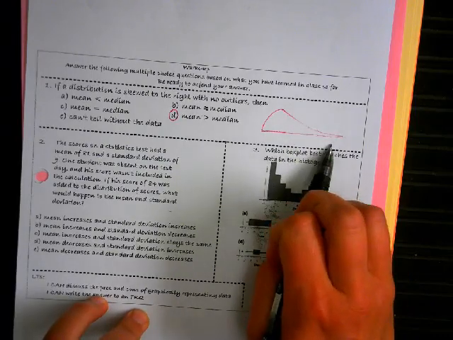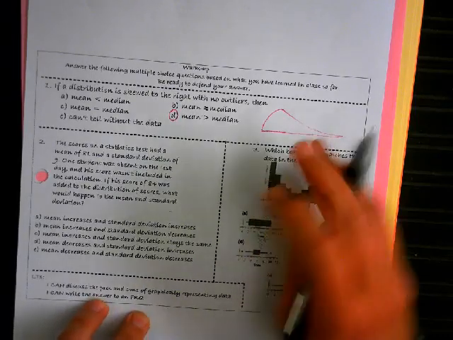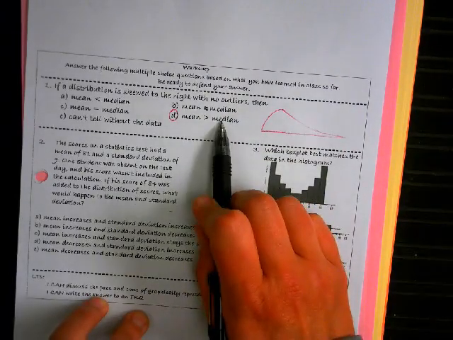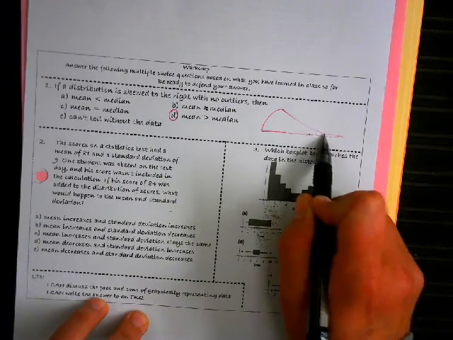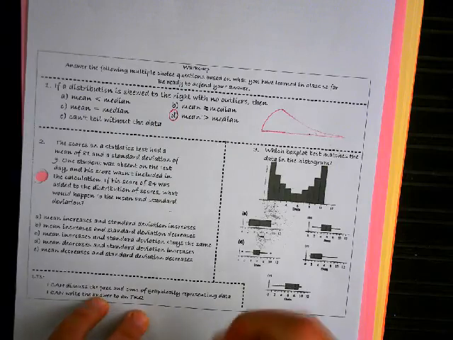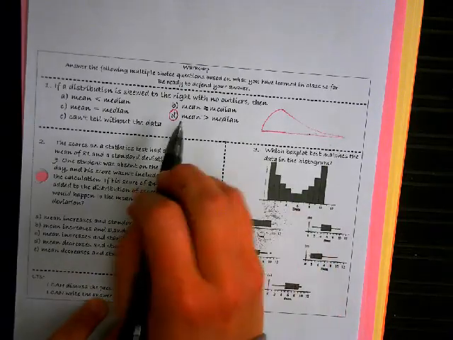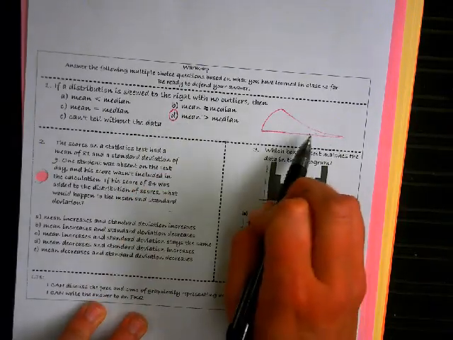So these high pieces of data, even if they're not outliers, they're going to pull the mean towards them. Where the median is the middle, so it's just these pieces are being counted, not actually added into the calculation. So when we're skewed right, the mean is going to be higher than the median.